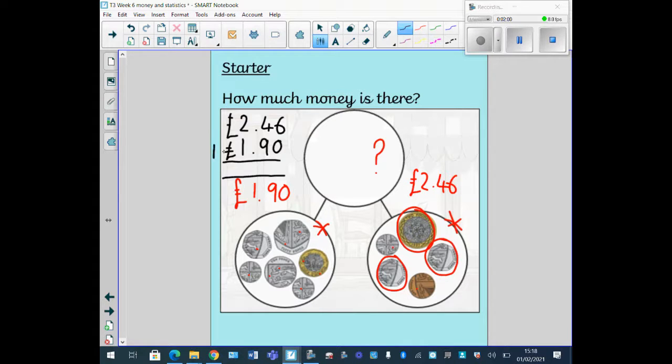A little add sign. 6p, add no pence is 6p, making sure we do our ones first. 4 add 9 is 13, we exchange, don't forget your decimal points. 2 add 1 equals 4. I had £4.36. Well done if you got the same answer.